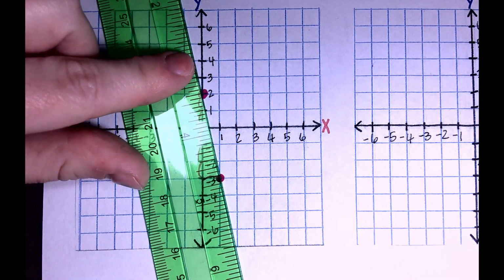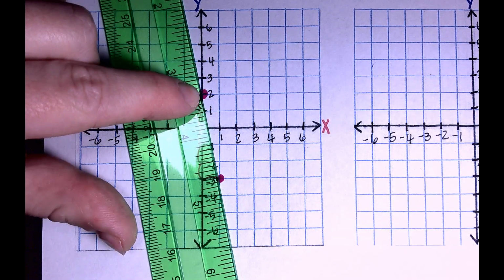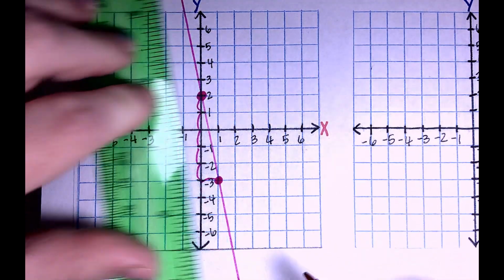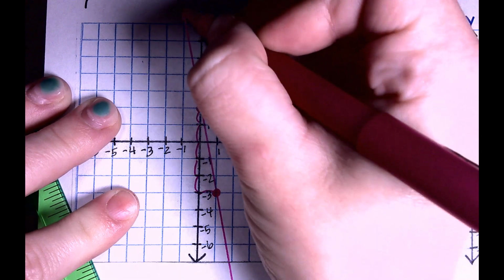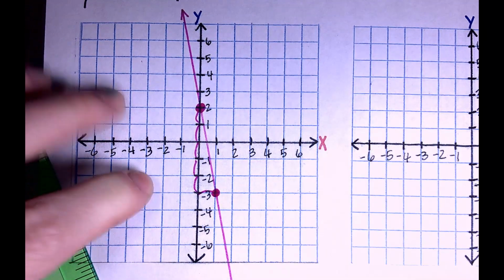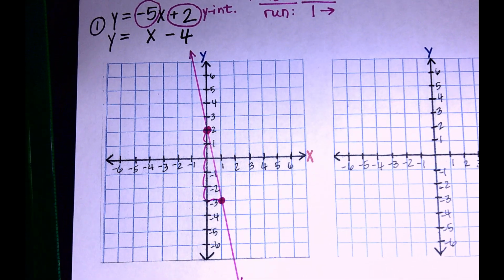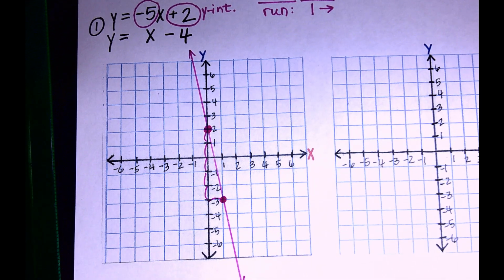I need to make sure I'm right on those intersecting parts. So there is my line. Right there. So I've graphed my first equation.